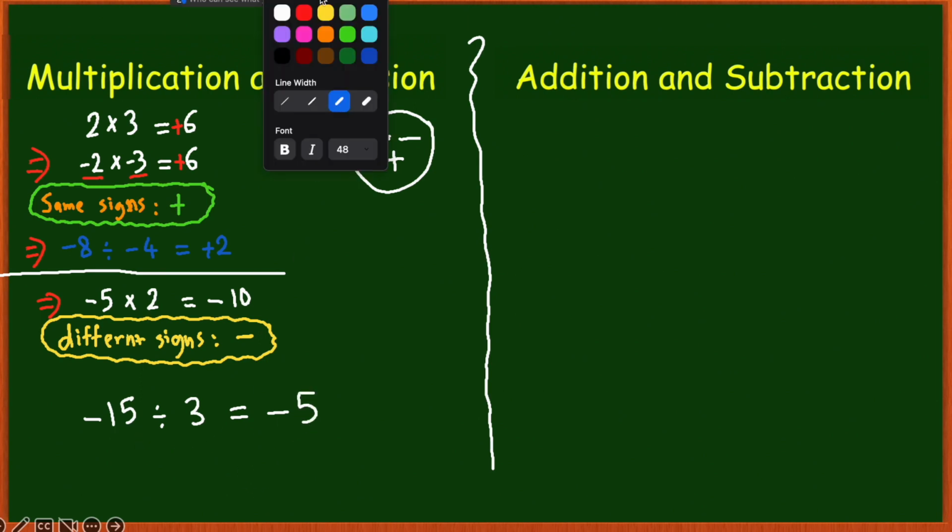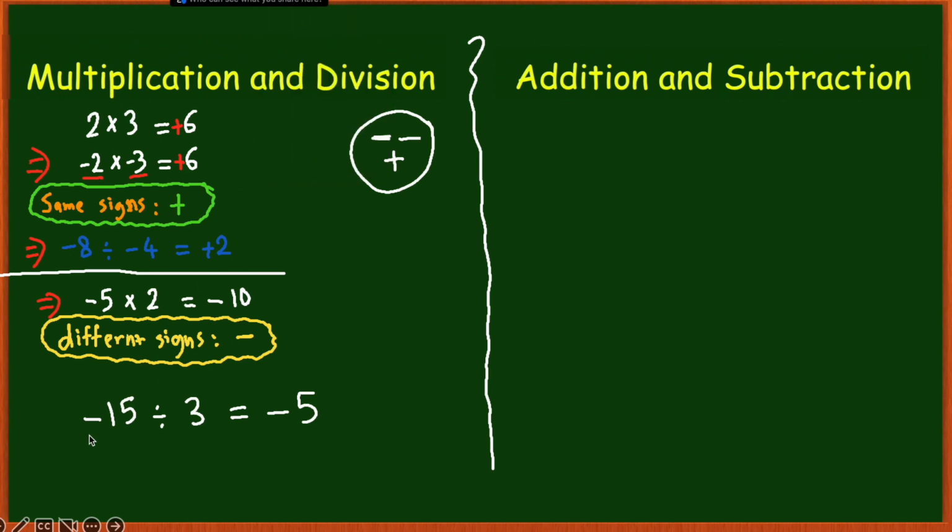Or you can use the face and say, okay, 15 here is a negative number, so let's hide the negative sign over here with one finger. Divided by a positive number, let's hide the positive sign. What do we end up with? We end up with a negative sign, so this is the sign of the answer. And again, we divide normally. 15 divided by 3, that's just a 5.